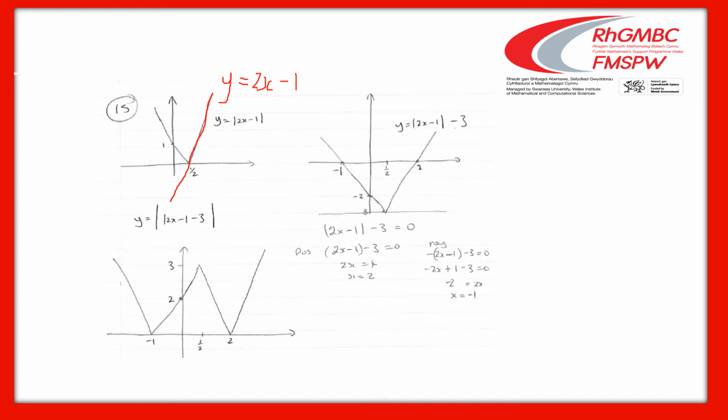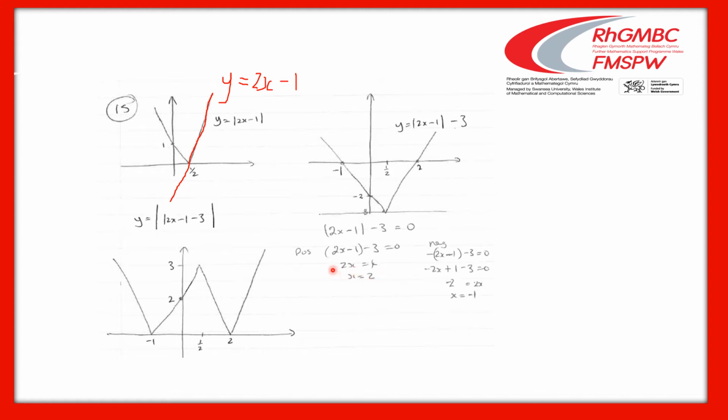In the second stage, you can see where we have the transformation of minus 3, and this moves everything down 3, including the coordinate a half, 0, which now becomes a half, minus 3. This graph goes through the x-axis, and we can put y equals 0 to find out where it crosses.